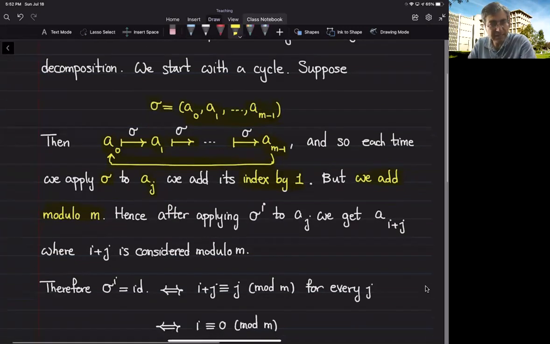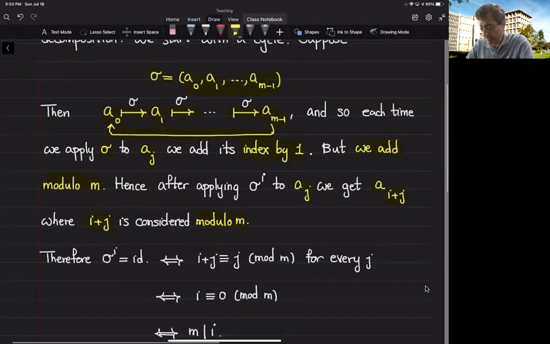Therefore, when I apply sigma i times, I'm sending a sub j to a sub i plus j. Again, I'm thinking about i plus j modulo m. So I'm looking at it mod m, and I'm asking myself, what is this index? What is the remainder of i plus j divided by m? And that would be the index that I'm putting over here.